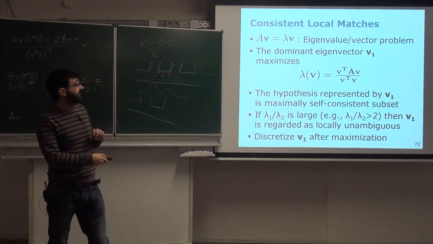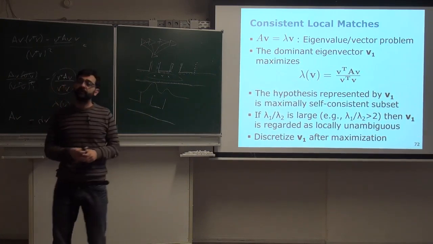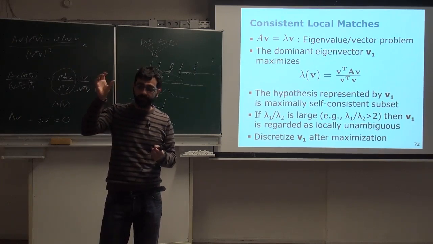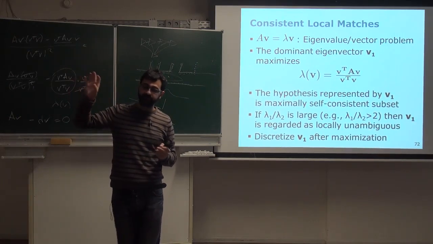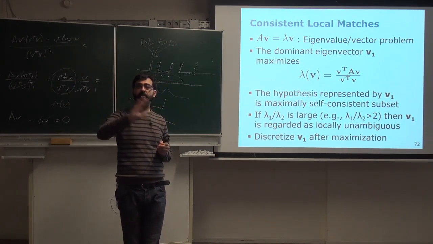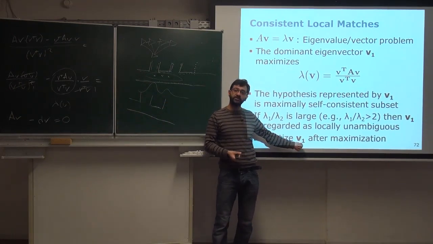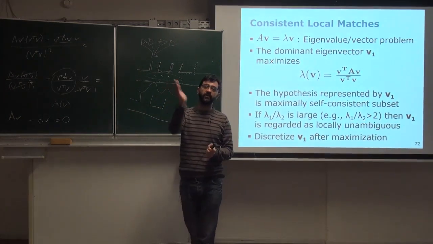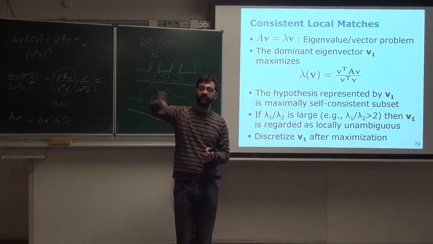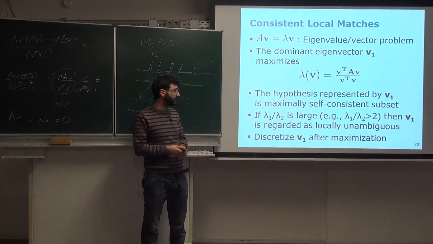Now, the problem which is left is this last one, where we want to discretize V1. The problem there is that we want to go back from a normalized vector with values between 0 and 1, to something which is 0 or 1. The main trouble is to find the threshold: everything below this threshold gets 0, and everything above this threshold gets 1 in V. There are two ways of doing it.